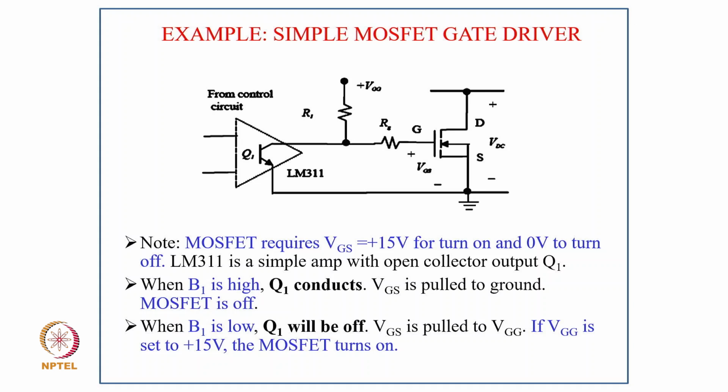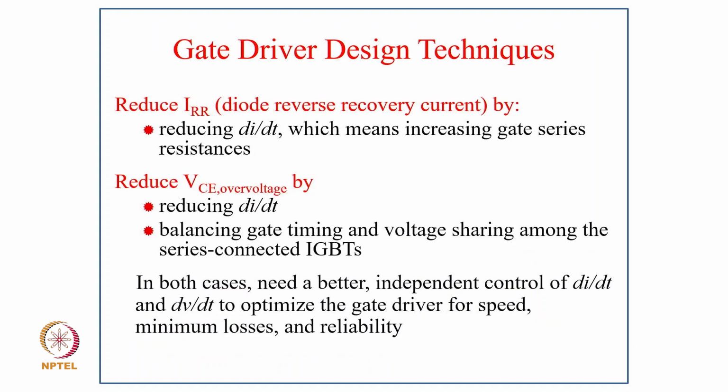Note here the MOSFET requires a VGS of 15 volts for turn on and 0 volts for turn off. The LM311 is a simple amplifier with open collector Q1, as shown here. When B1 is high, Q1 conducts and VGS is pulled to ground and the MOSFET is off. When B1 is low, Q1 will be off, so VGS is pulled to VGG. If VGG is set to 15 volts, then the MOSFET turns on.